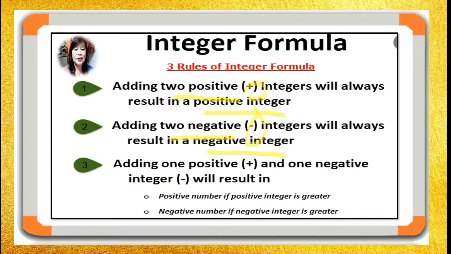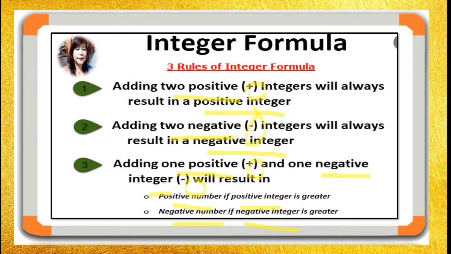And then the last one, adding one positive and one negative integer will result in a positive number if the positive integer is greater, and a negative number if the negative integer is greater. Remember that, class?